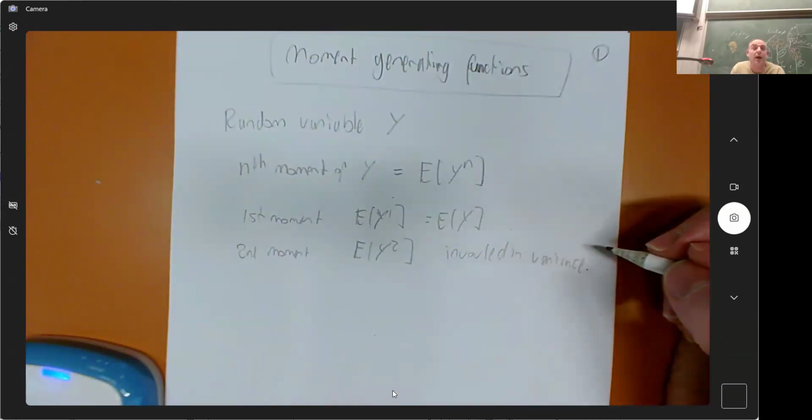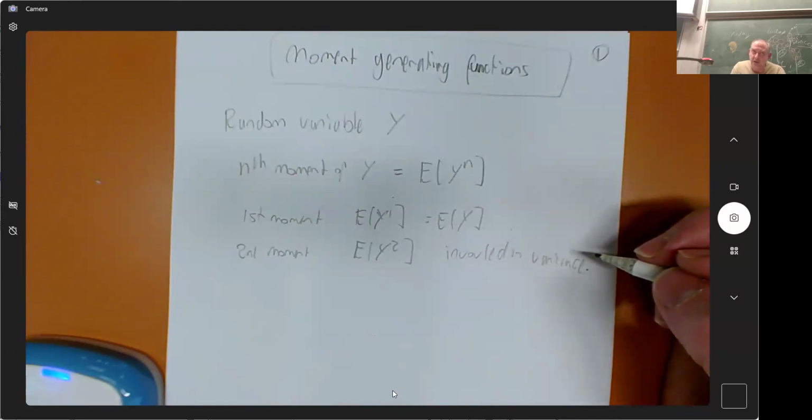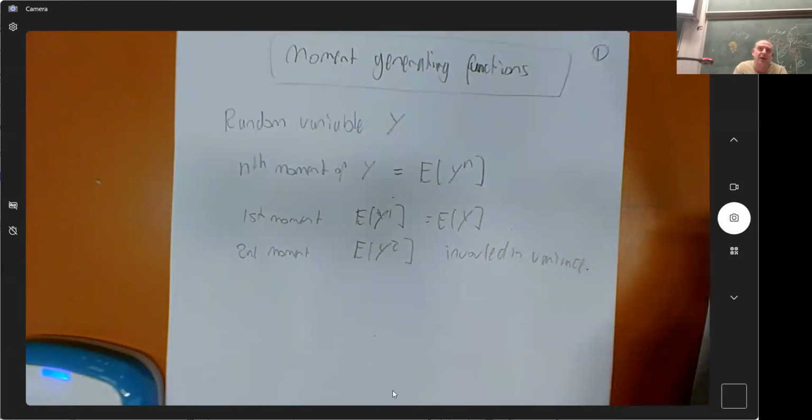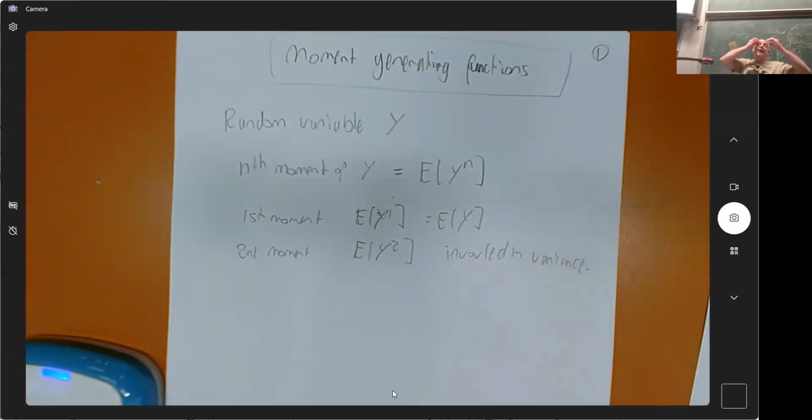If the expected value of Y is 0, like the normal distribution, the expected value of Y squared is the variance. So that's useful to know. And then the third moment is, I don't know. It just turns out that if you know all the moments, then that will tell you exactly which distribution you've got.